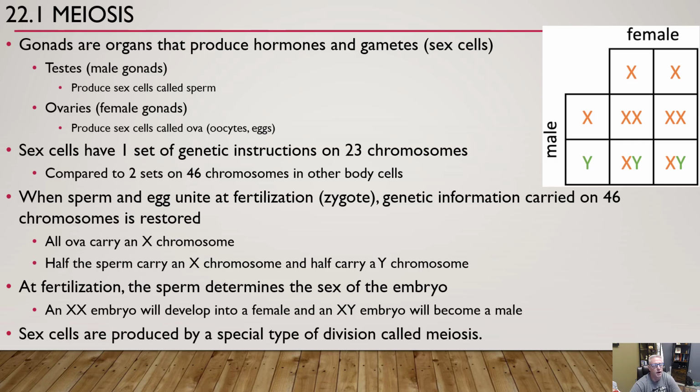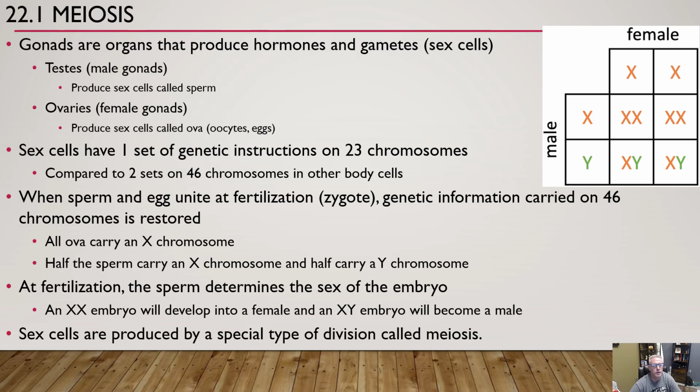So you can see by the little Punnett square up in the top right-hand corner that there's a 50-50 chance that the child will be female and a 50-50 chance that the child will be male. So it's actually the male that is responsible, for lack of a better word. The male is who determines the sex of the child.